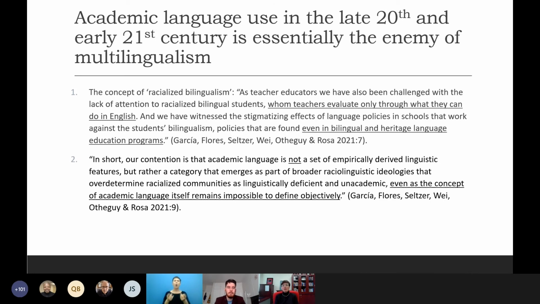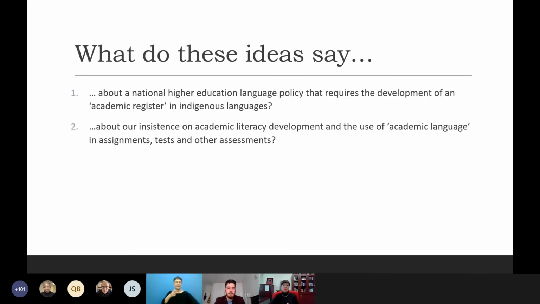We know that professors have different ideas of what academic language is, and sometimes it's very idiosyncratic. So the language that you use, even as a home language speaker of English, might not be exactly what a particular professor would regard as academic language use. So there's a big problem there.